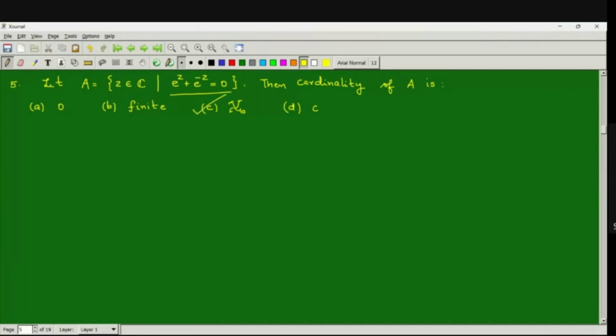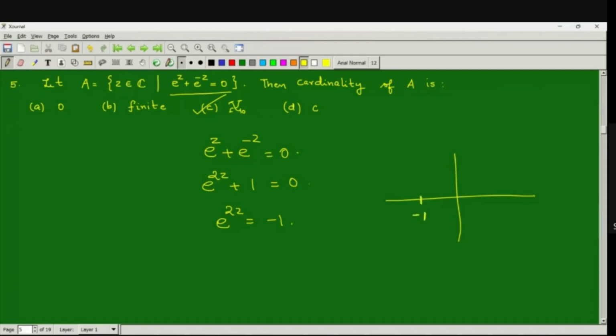Aleph. Yes. So how did you all solve this? We will multiply by e power z. e power 2z is minus 1. So minus 1 means what?